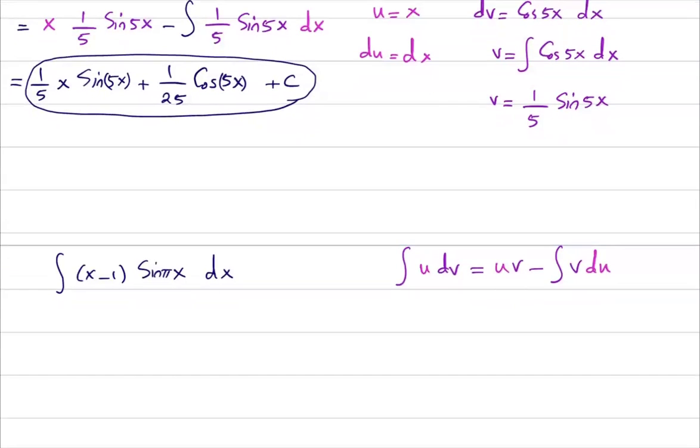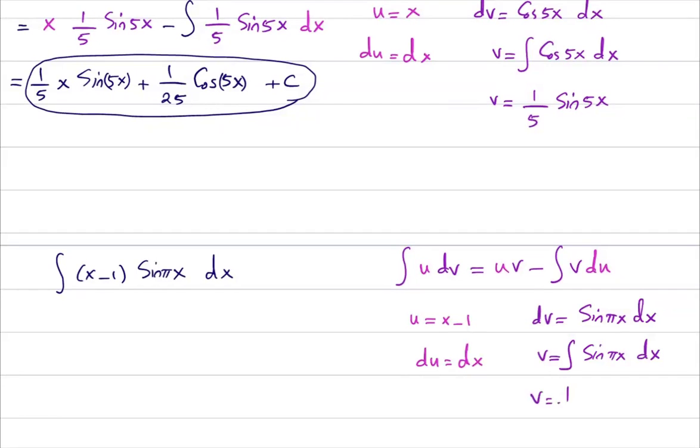So let us take u to be x minus 1, du is equal to just dx, and dv is equal to sine of pi x dx. So v becomes the integral of sine of pi x dx. So v is 1/pi cosine of pi x, but remember that you need to have a negative sign in front of it.